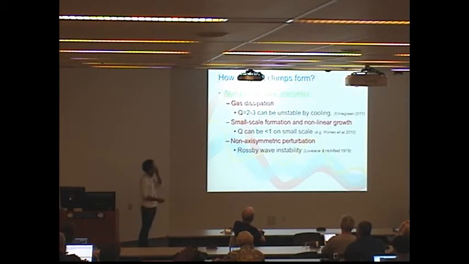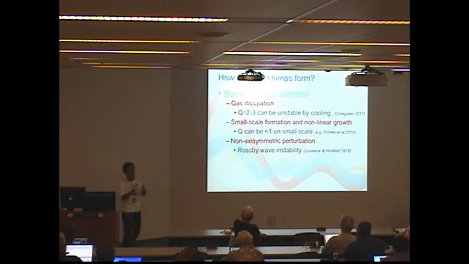What I want to discuss with you is, what is the true formation mechanism of the clumps? I listed some possibilities, as many as possible. Non-perturbative scenarios can be possible, for example, gas cooling, or small-scale formation. Toomre instability may start from very small 100 parsec scales and grow nonlinear by accretion or mergers between clumps. On the other hand, non-axisymmetric perturbation is also possible.